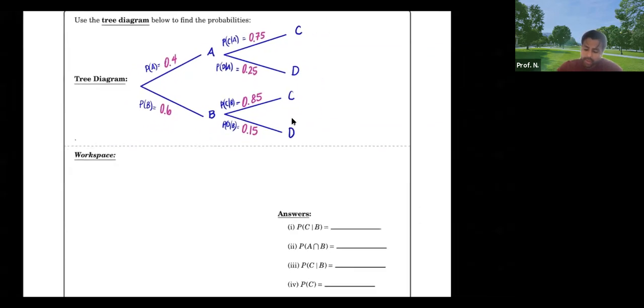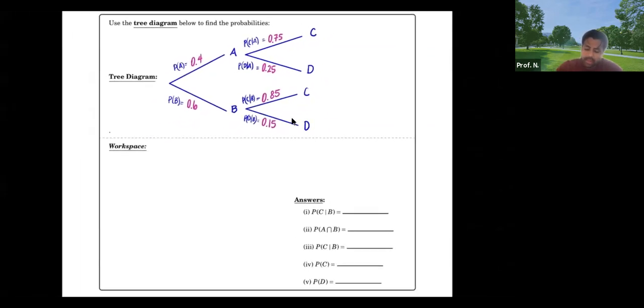So what I want to find is the probability of C given B. That's the first thing I want to find, and it's actually given to me immediately, so this is not really too much computation at all. 0.85. Now, what is A intersect B?